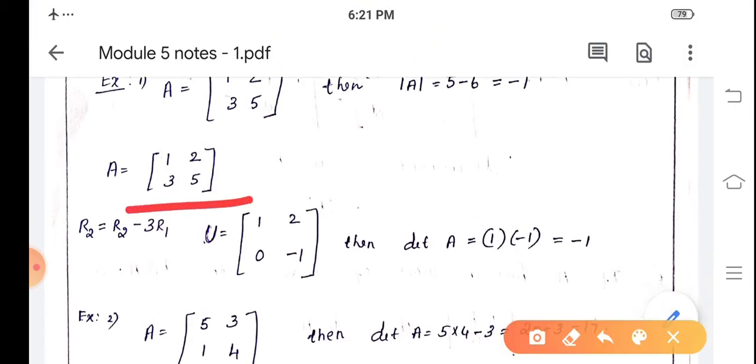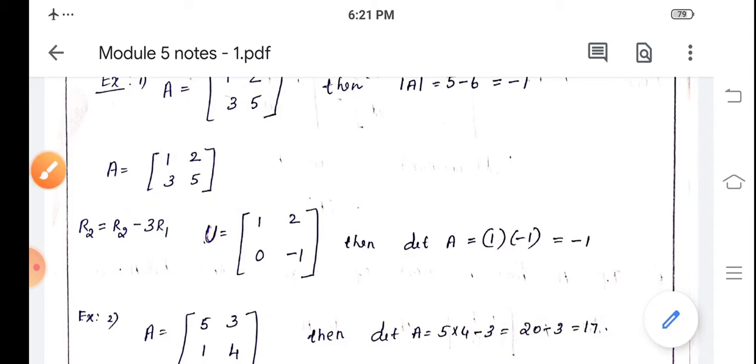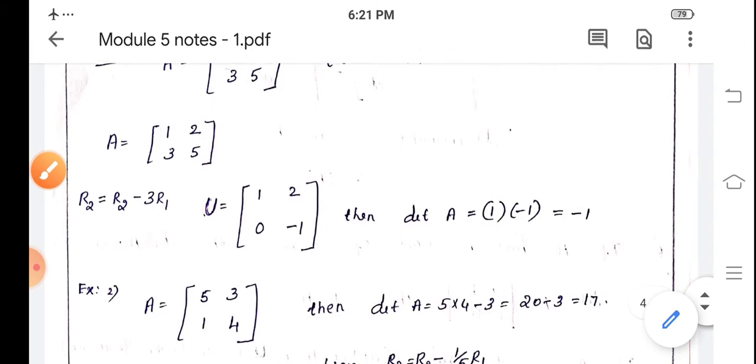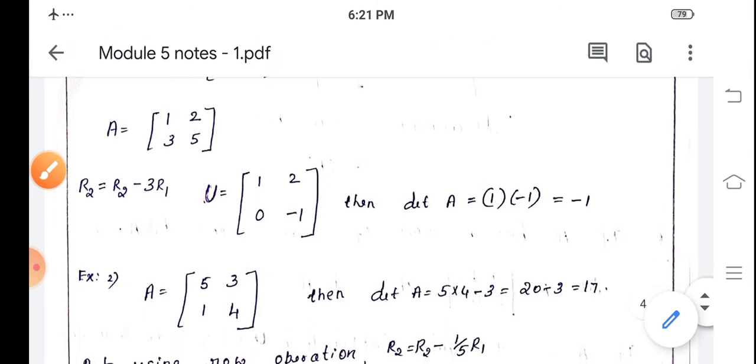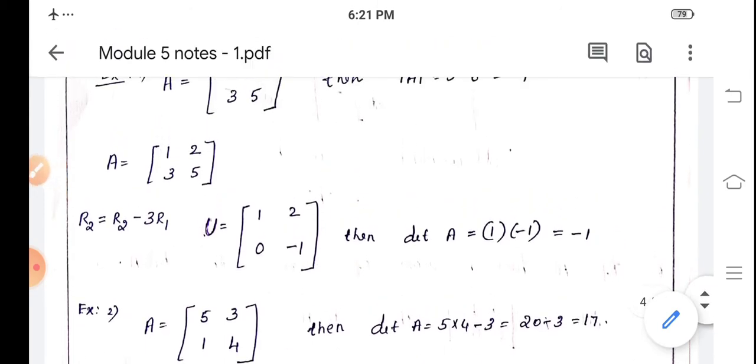The matrix A is first row 1, 2, second row 3, 5. Using a row operation to reduce this to echelon form, we write R2 equals R2 minus 3 times R1.